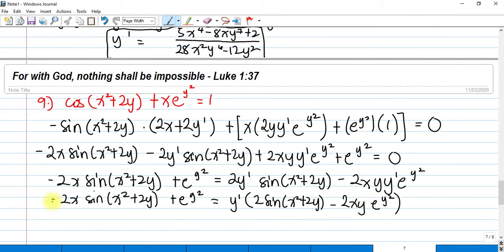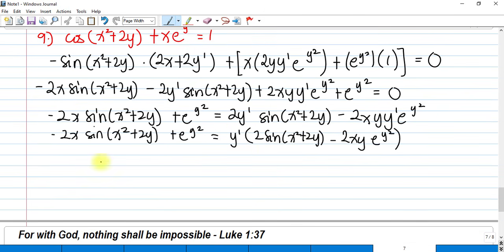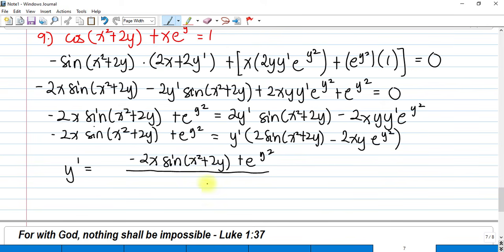Again, if we divide both sides of the equation by this, we have y prime is equal to negative 2x sine of x squared plus 2y plus e raised to y squared over 2 sine of x squared plus 2y minus 2xy e raised to y squared.